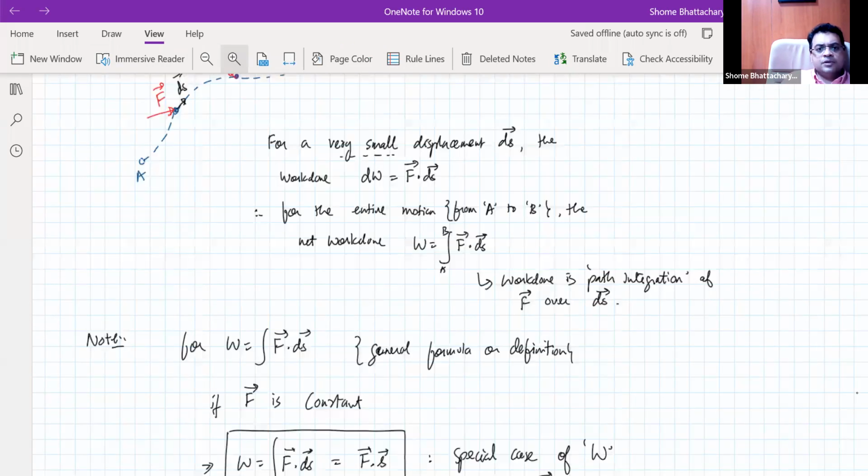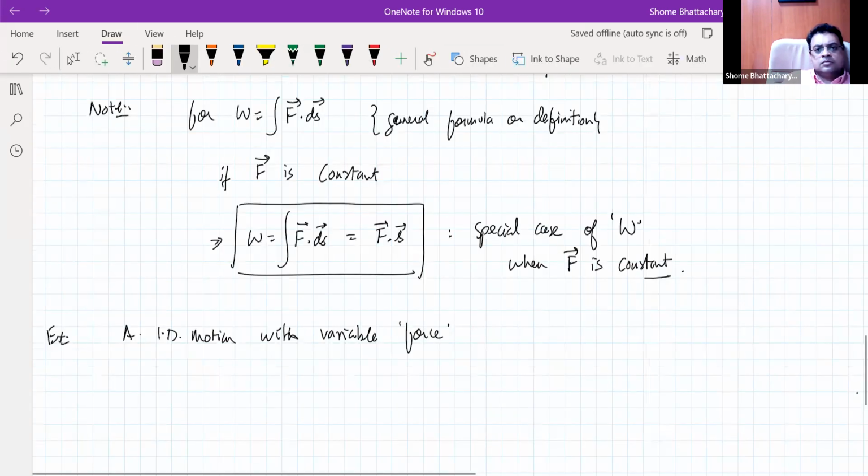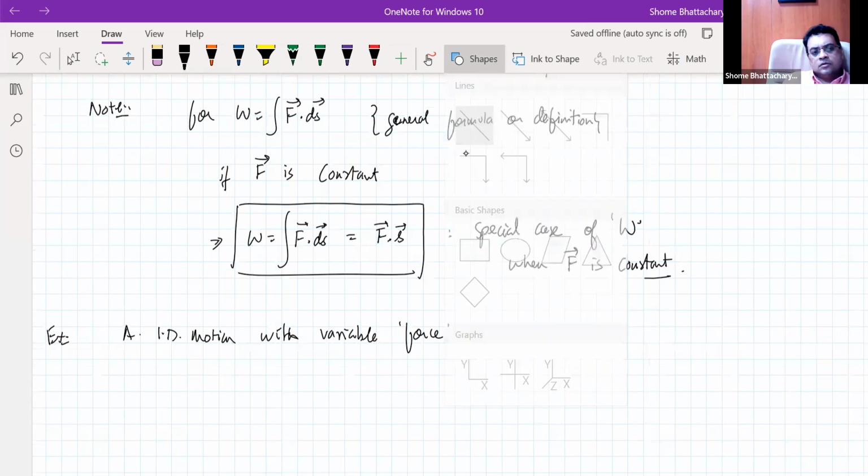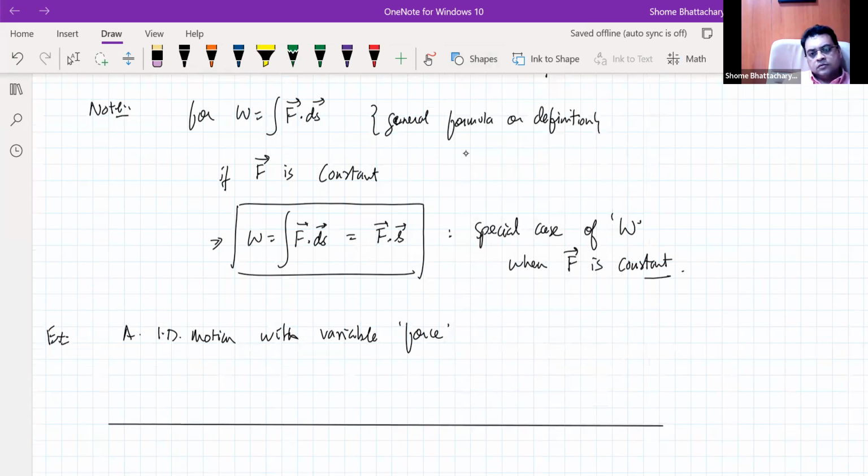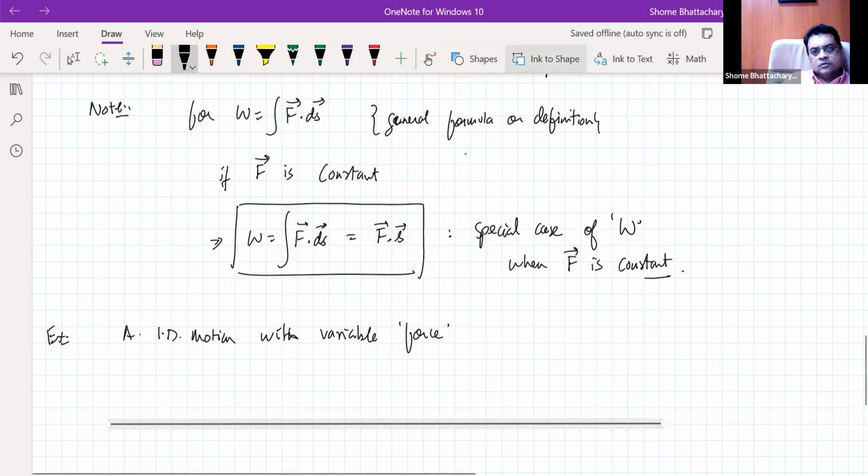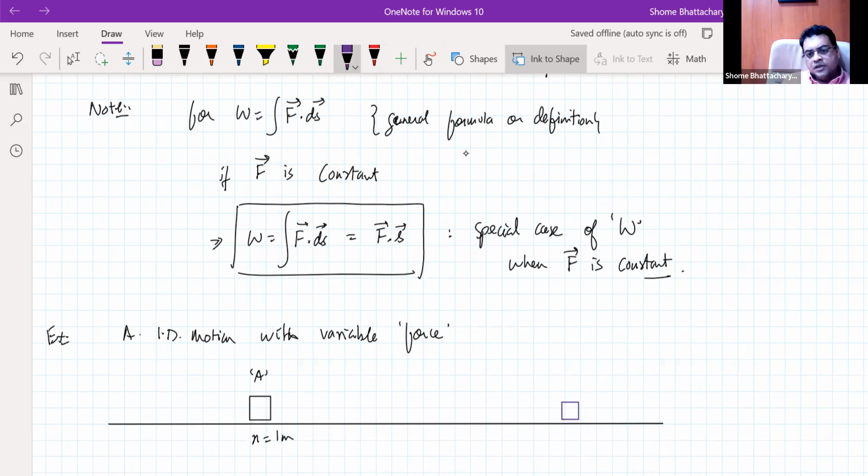So now in my example, let's say a block is initially at the point A where its x coordinate is 1 meter, and after some time it is moving to the point B where its x coordinate has become, let's say, 5 meters.